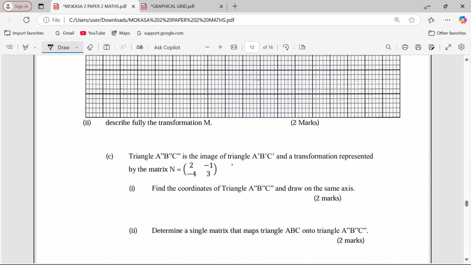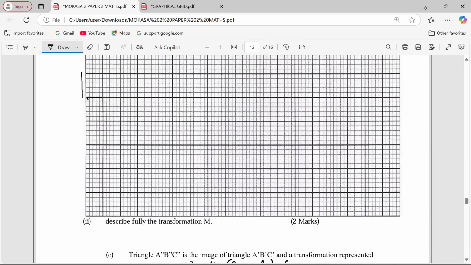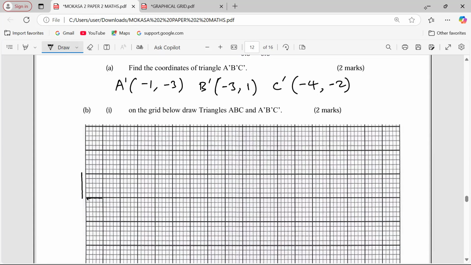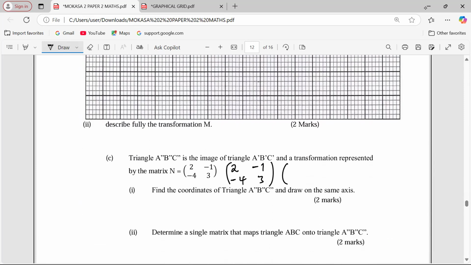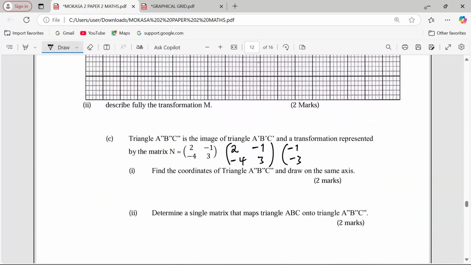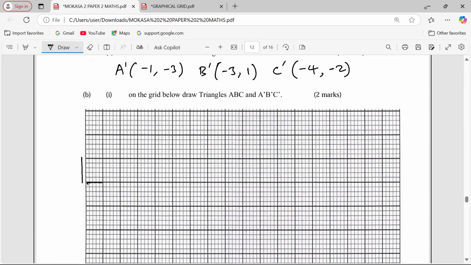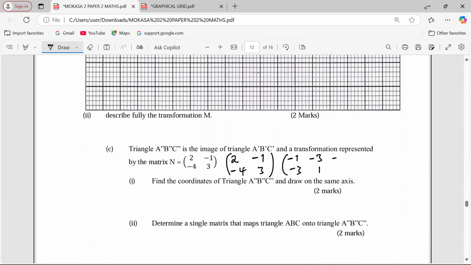The matrix should begin 2, -1, -4, 3. Then we multiply by A prime, B prime, C prime: -1, -3, then -3, 1, then at C, we're having -4, -2. That way we come up with the image.